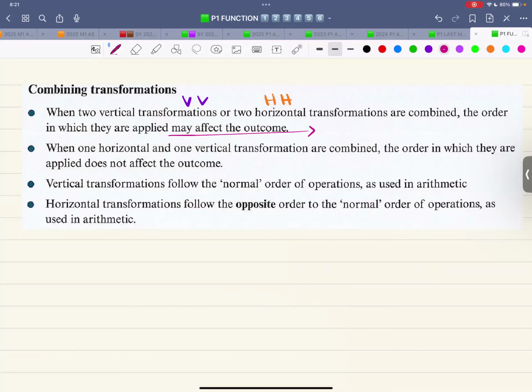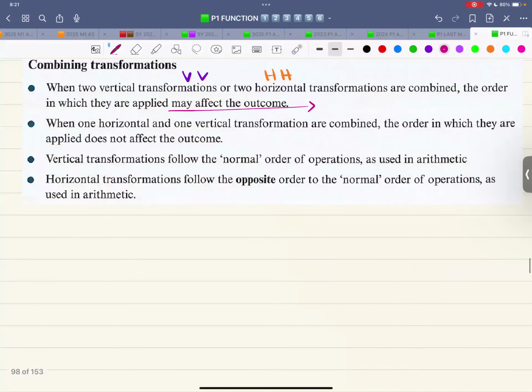So assume that the outcome will be different. Maybe it will come out to be the same. Just think of it this way. When one horizontal, one vertical transformation are combined, horizontal and vertical. So this is vertical, this is vertical, this is horizontal vertical or vertical horizontal. So now the order does not make a difference. So these two are exactly the same.